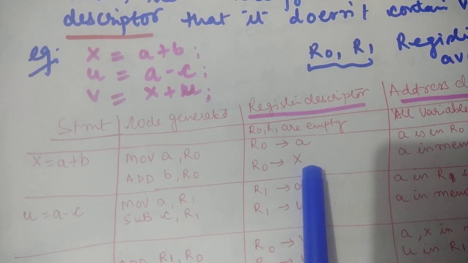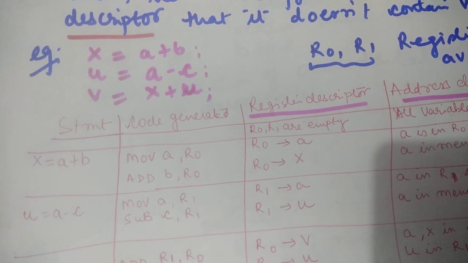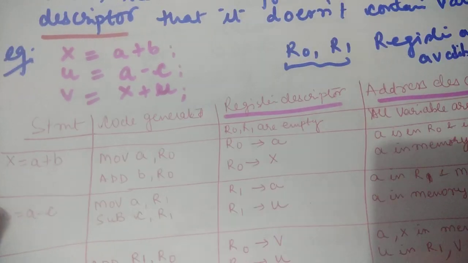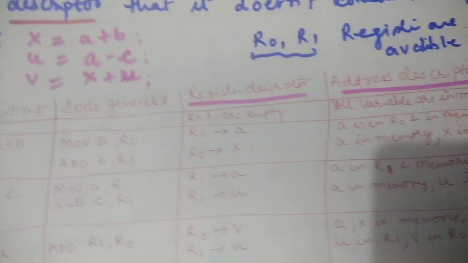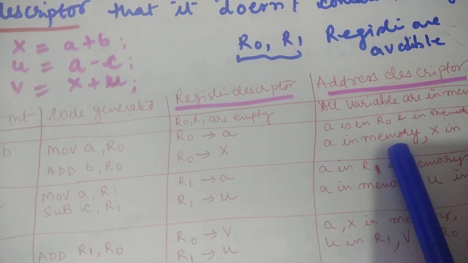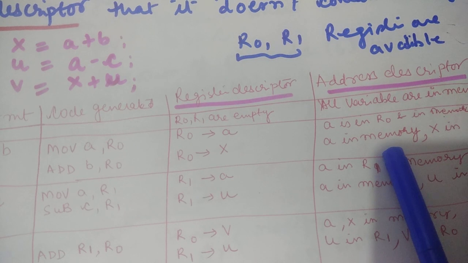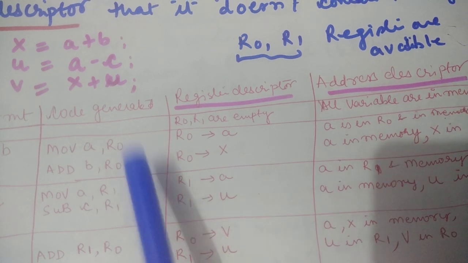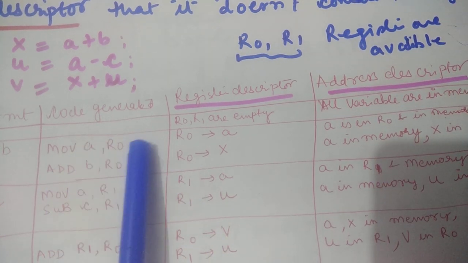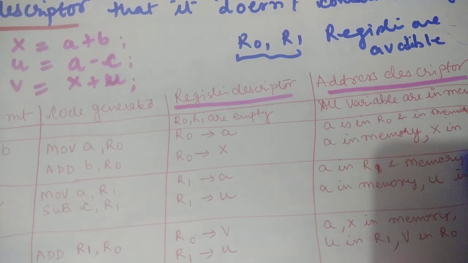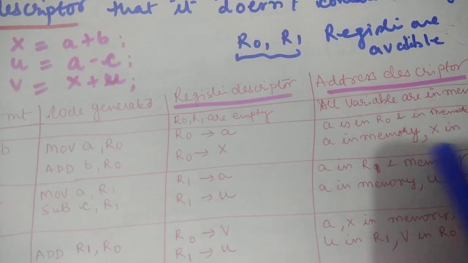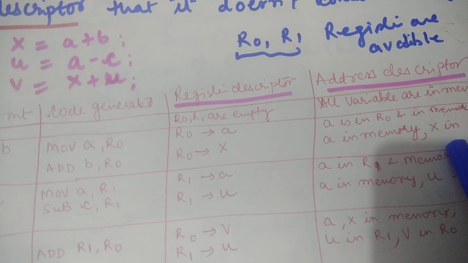R0 contains the X variable, whereas the address descriptor tells the location of each and every variable. So the address descriptor is saying that now A is present in the memory, because A is no longer in the R0 register, since we already modified it. First you transfer, then the addition of B. So A is in the memory, and X is present in R0.